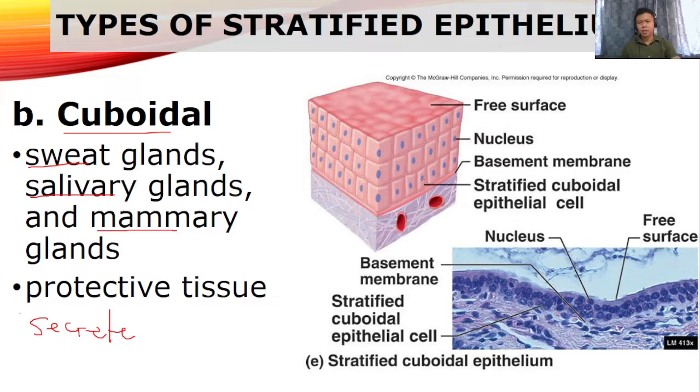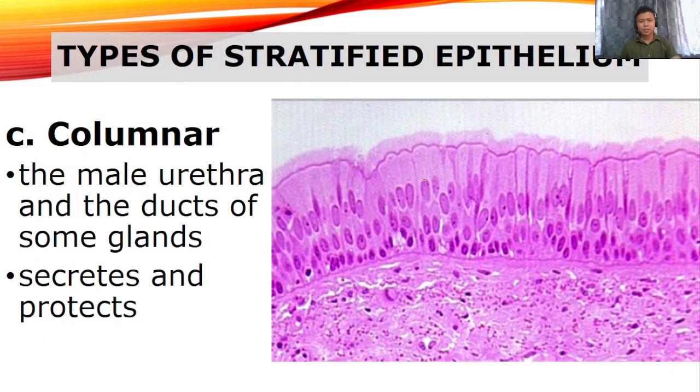Moving forward, we have the next type, the stratified columnar epithelium. Okay, so they are usually found in the male urethra and the ducts of some glands. They usually secrete materials and protects the urethra as well, protects the male organ as well.